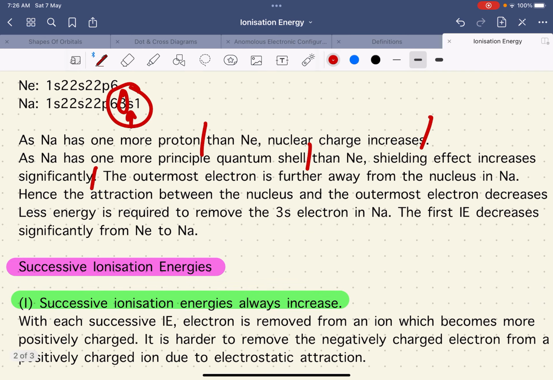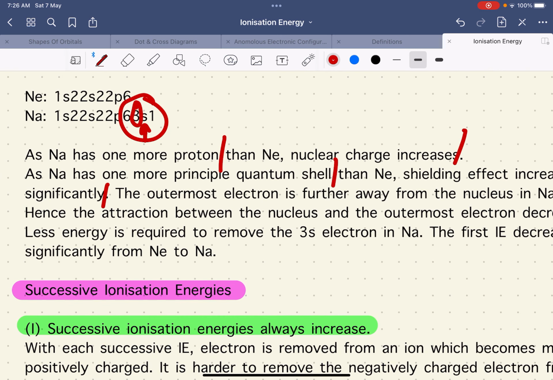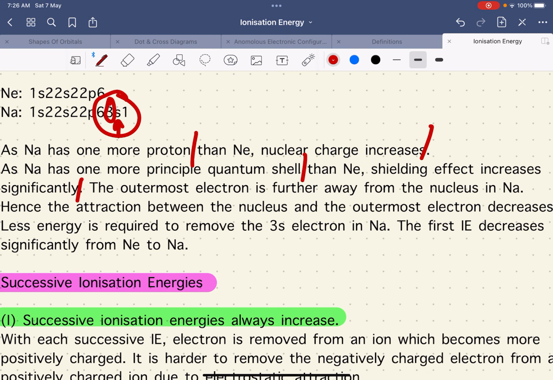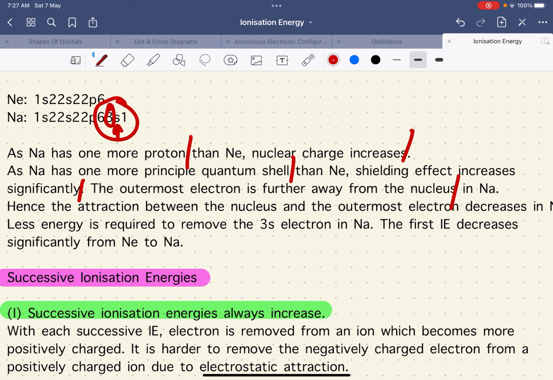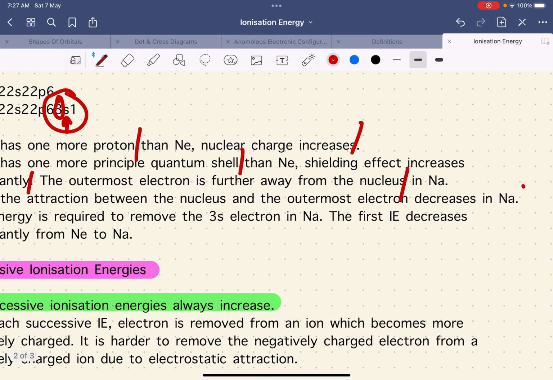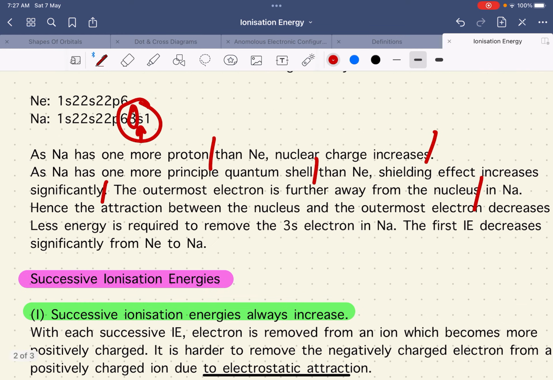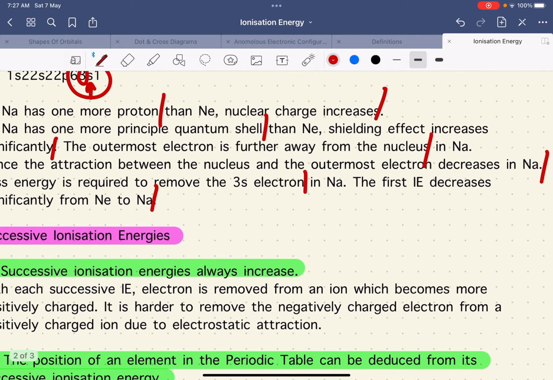We're looking at the 3, not the s. The s is the orbital. So the outermost electron is further away from the nucleus in Na. Hence, the attraction between the nucleus and the outermost electron decreases in Na. Less energy is required to remove the 3s electron in Na. The first IE decreases significantly from Ne to Na.